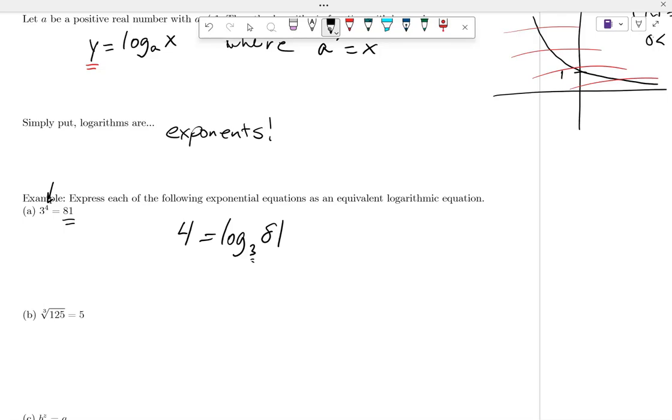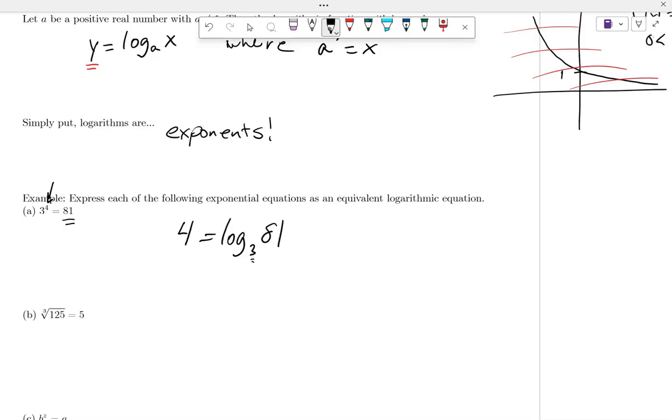But just notice where the parts are. Base, exponent. Exponent is the output, and then input for the log. Now, if we want to think about what this question is really asking you, it's asking what power, when I see a logarithm, remember outputs for logs are exponents, right?